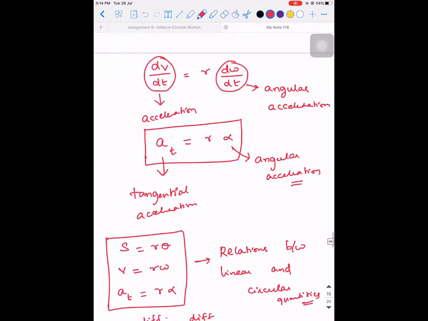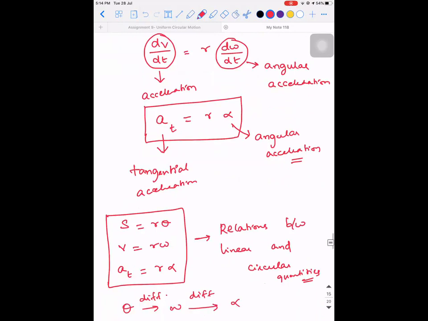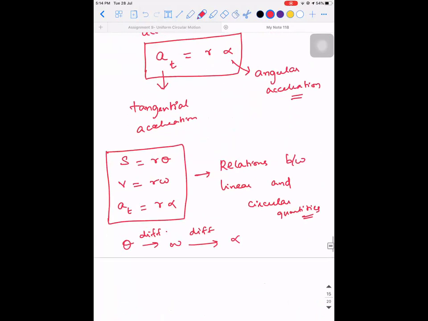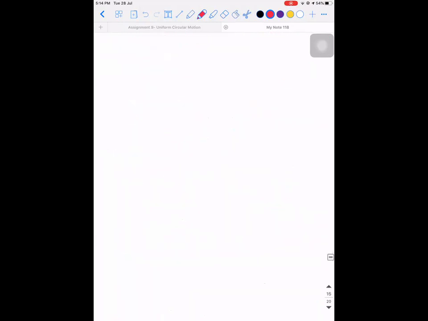Now listen. We derived the centripetal acceleration, right? So what is the formula for centripetal acceleration that we did? It is v square divided by r. You remember this? But we know that v is equal to r omega.